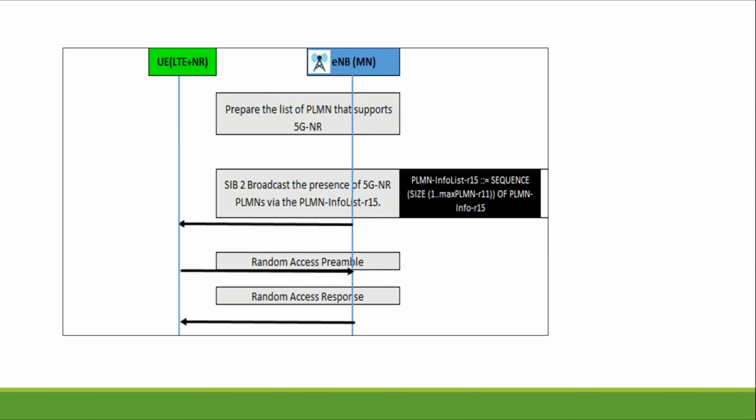As per the diagram, as per the call flow, we can see a UE which is supporting both LTE and NR, and the nodeB which we are calling the master node.